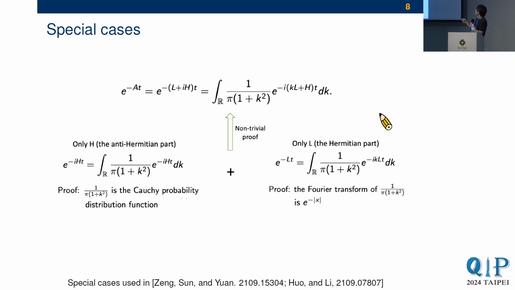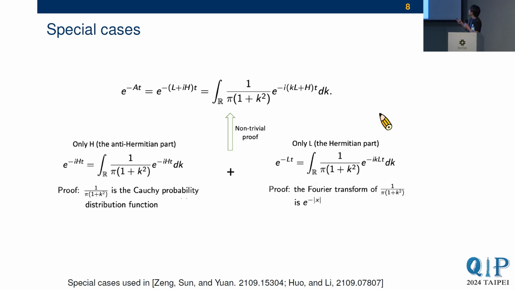Slightly less trivial is when A is just L, then what I'm saying is really that this guy is the Fourier transform. The Fourier transform of this is e to the minus absolute value of x. That is why I need L to be positive semi-definite. And then you plug in the spectral mapping theorem as you have seen before, and you can prove it.